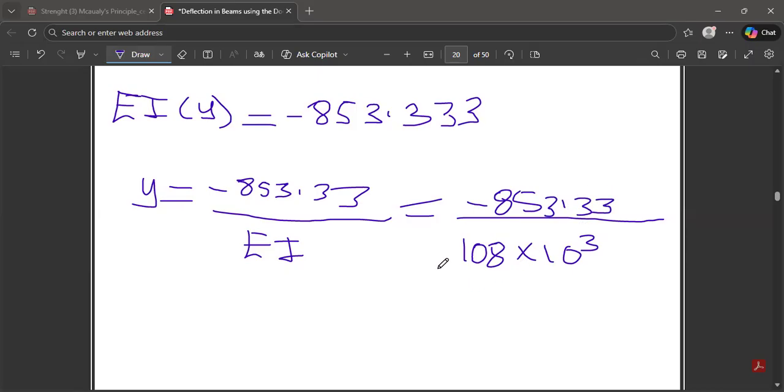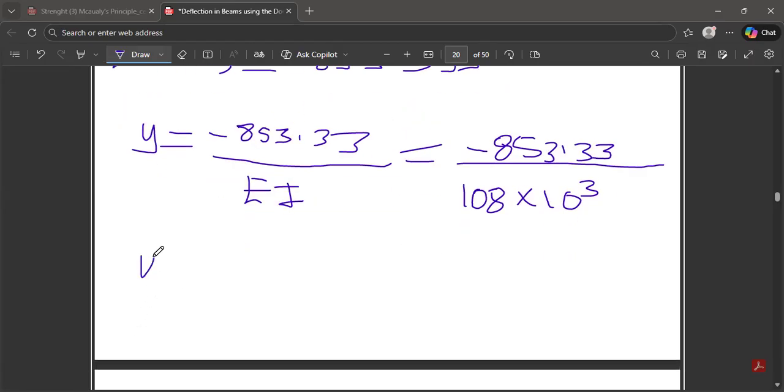So at the end of the day, if you punch the whole of that into the calculator, minus 853.33 all divided by 108 times 10 exponent 3, you realize that you're going to get your deflection, which is y, to be equal to negative 7.901.